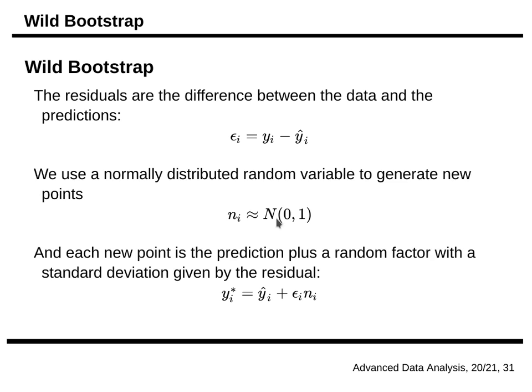So it has a mean of 0 and a standard deviation of 1. This means that points that have higher residuals would generate replicas that can be farther away from the prediction than points that have smaller residuals.